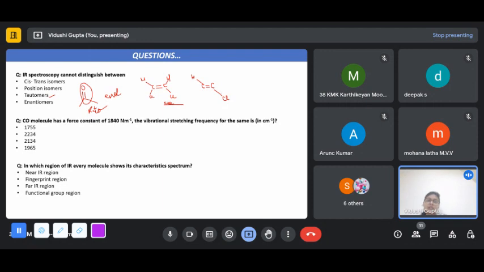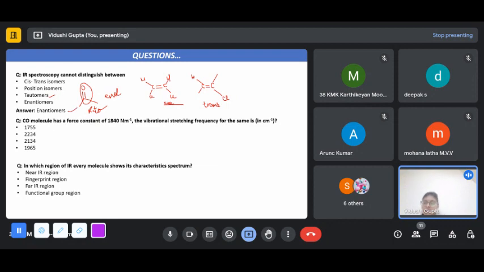So IR spectroscopy cannot distinguish between enantiomers.